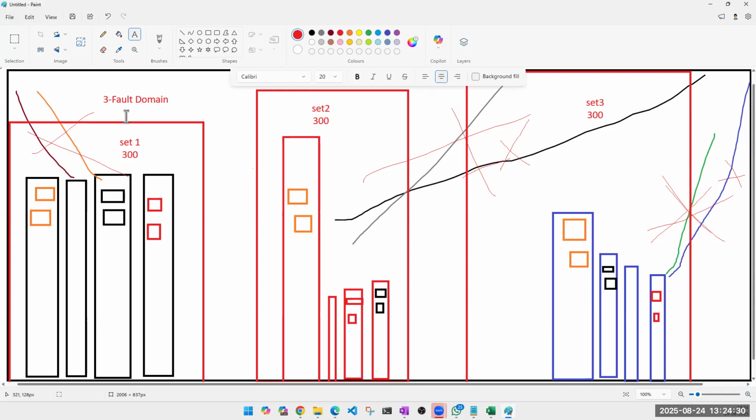What about others, guys? What is the confusion? See, I told you that Azure has divided their racks. Again, I'm taking the example of 900 racks. They have divided that into 3 sets, and these sets are called fault domains.